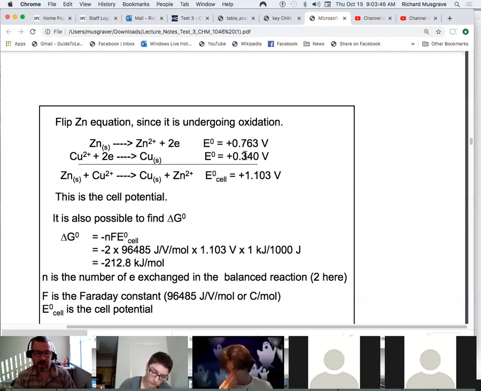And per significant figure rules, I've got 3 places past the decimal, 3 places past the decimal, which gives me 3 places past the decimal. And this is called the cell potential. So that would be the cell voltage. It would be like the voltage I talk about with the AA and AAA batteries, 1.5 volts for those, but this one is 1.103. Does anybody have any questions so far?